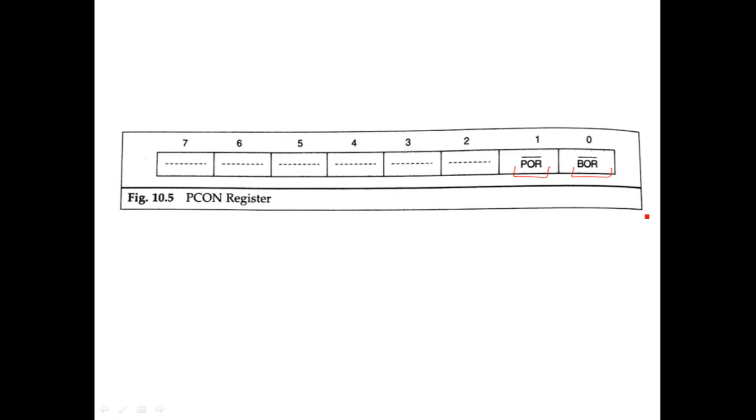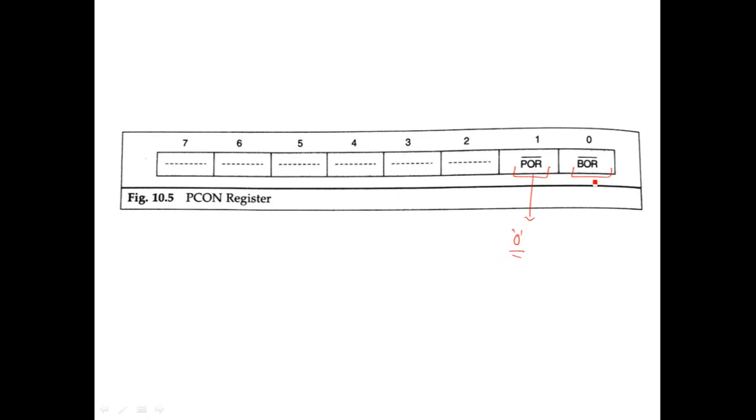That means all the registers and counters should be cleared, and because computer operation is sequential, it should always begin from the initial status. To ensure that, the microcontroller gets automatically reset because of the internal circuitry when the power supply is switched on, and when that happens, this particular bit will be reset. So this is an active low bit. When this bit is 0, it means the reset has occurred because of switching the power supply on, power on reset.